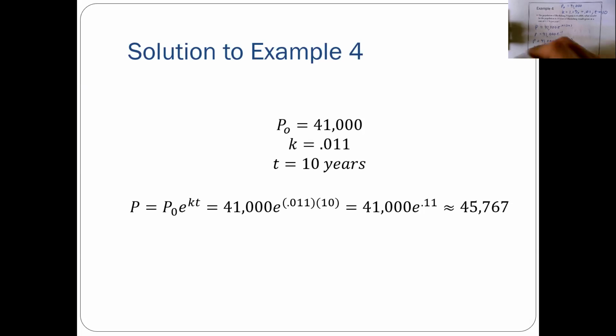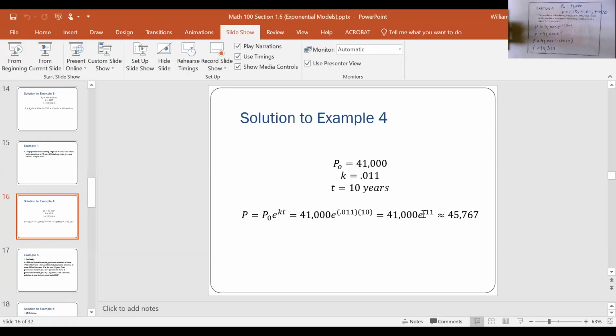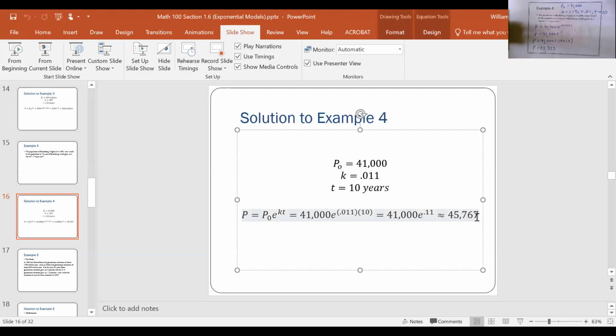So I'm getting 40,313. I'll fix that. I should be able to just change it up here. Yeah, let me double check that just one more time, just to make sure it's okay.